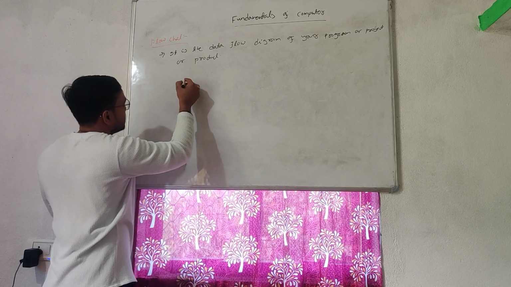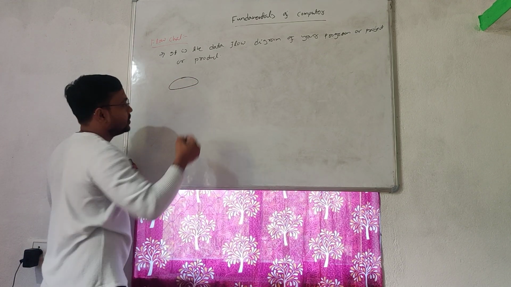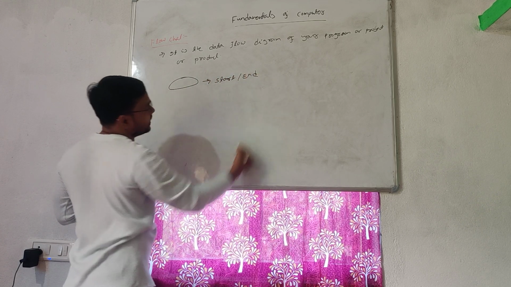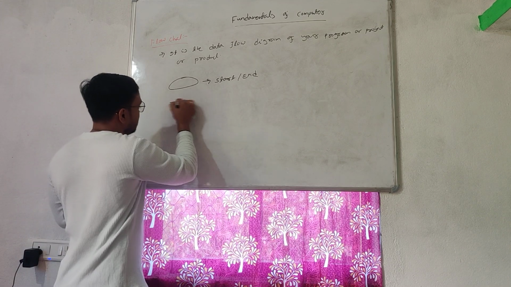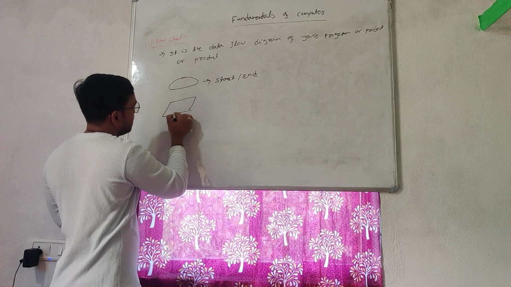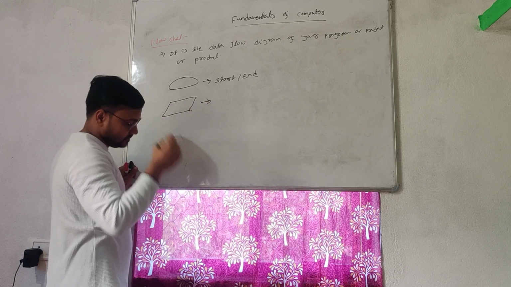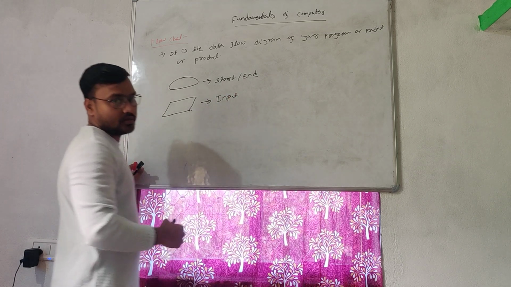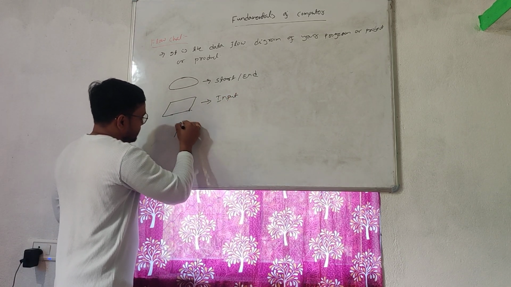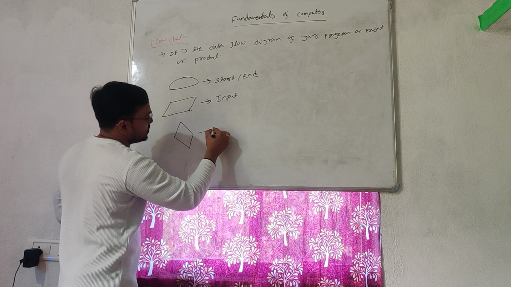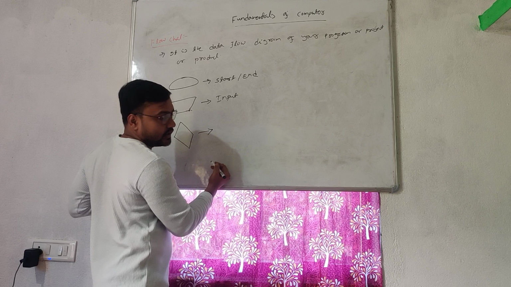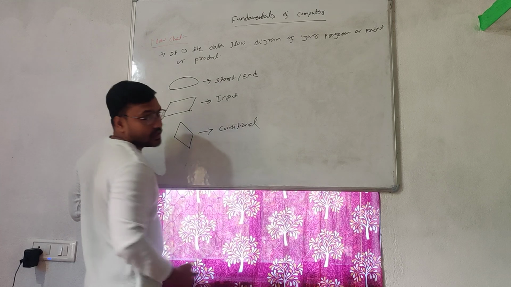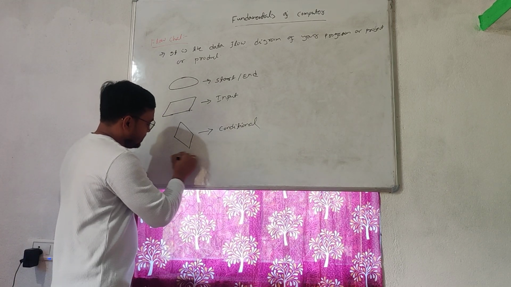Okay. What are those? This symbol is basically used for start and end for both. What else? This is for input box or input. Okay, we use for input. So this is used for what? For the conditional. Okay. What else?